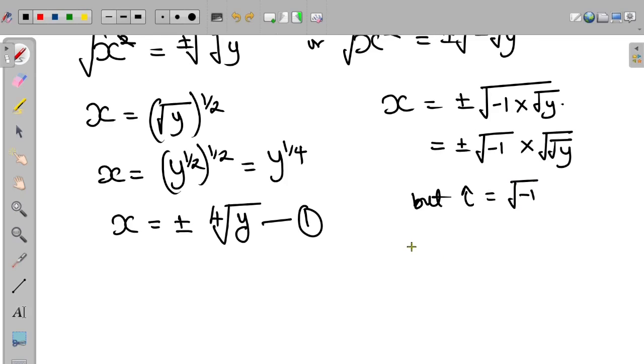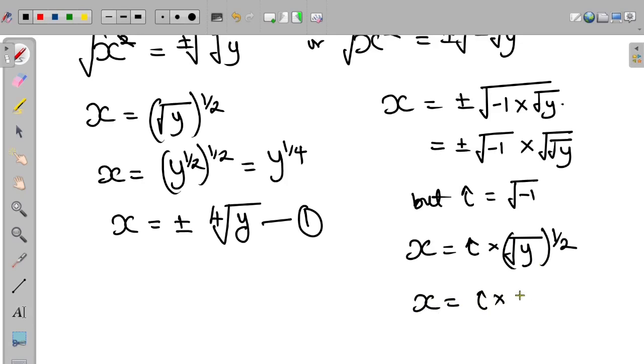So therefore, x is equal to i multiplied by root of y all raised to the power of 1 divided by 2, and x is equal to i multiplied by y raised to the power of 1 divided by 2 all raised to the power of 1 divided by 2.